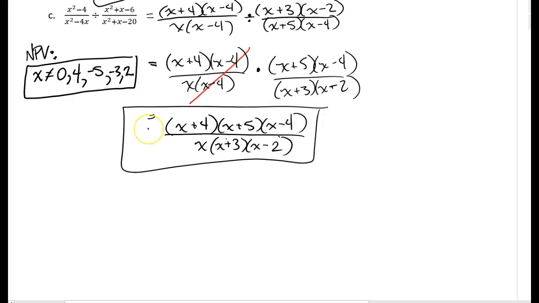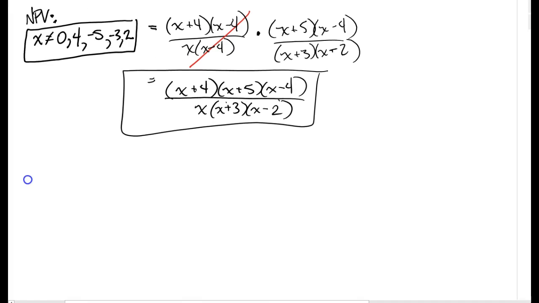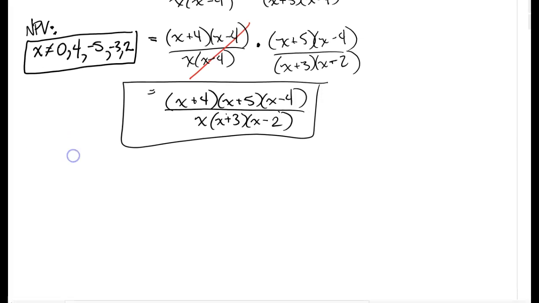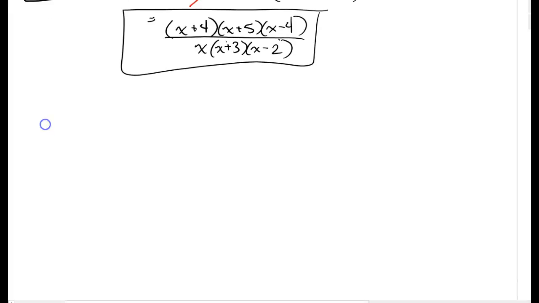Okay, and so there we go. We've got our non-permissible values, and I've simplified my expression. If you want to stop now, go ahead. I will show you how to expand this, though. I'm going to pick out that these two are a difference of squares.